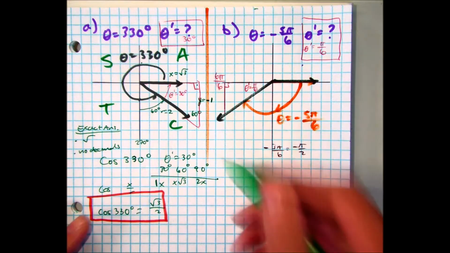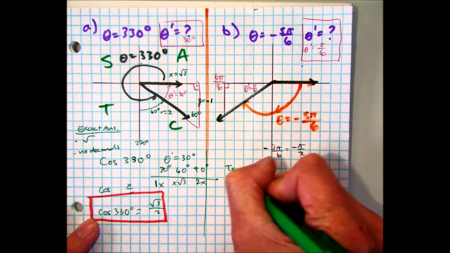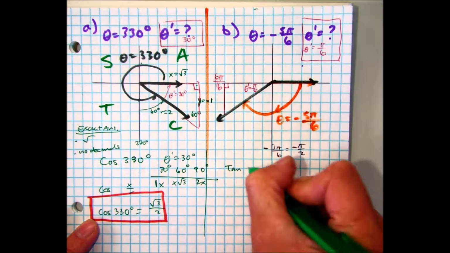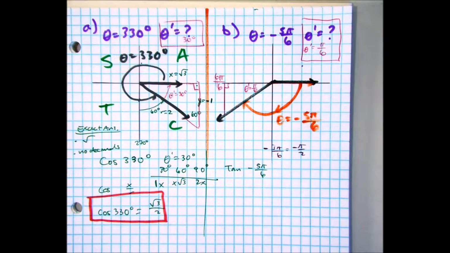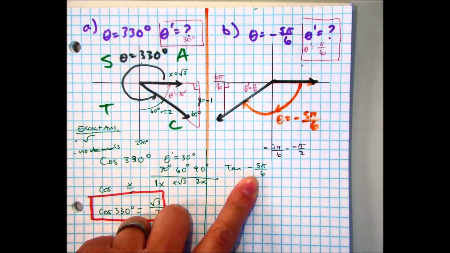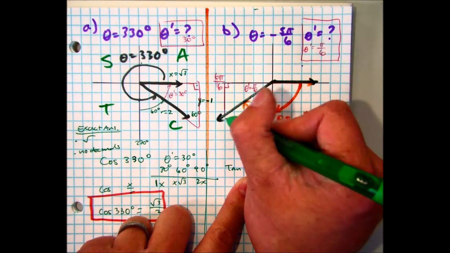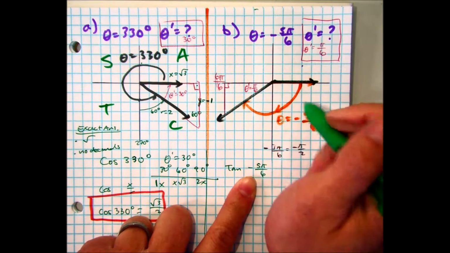Let's change the problem to find tangent of negative 5 pi over 6. Well, if you think about it, negative 5 pi over 6, you could convert that to degrees. We don't have the unit circle yet. We're going towards that direction.